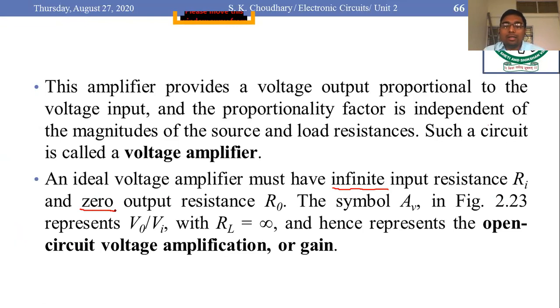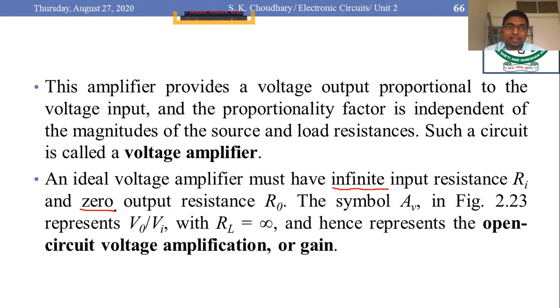Then and only then would that circuit amplify the voltage significantly. So we have seen that RL is very much larger than R naught, meaning R naught is zero, meaning RL is nearly infinite.